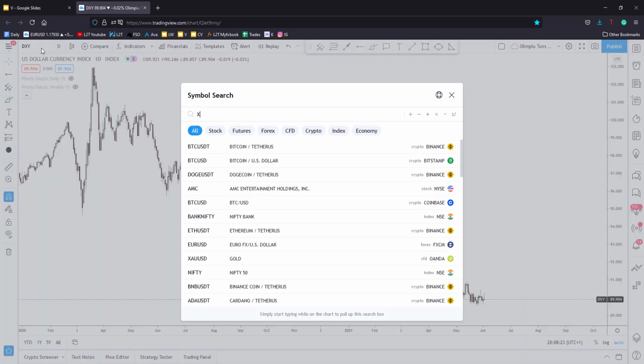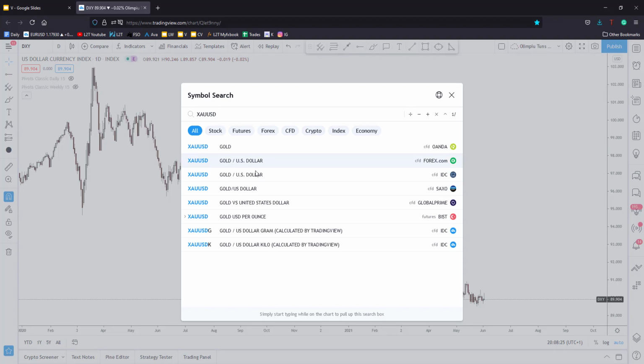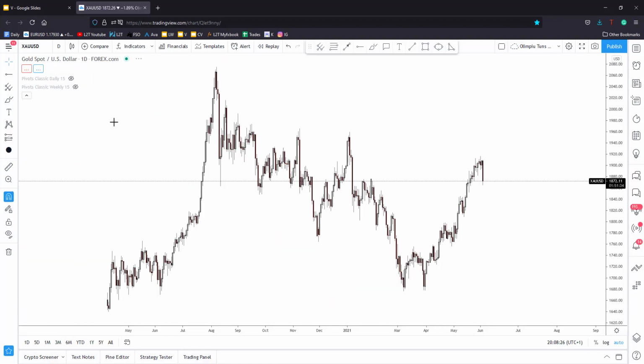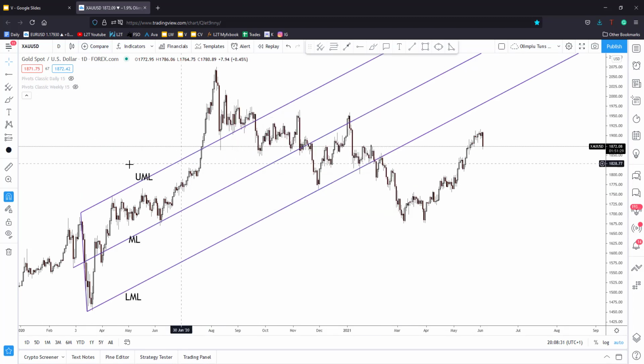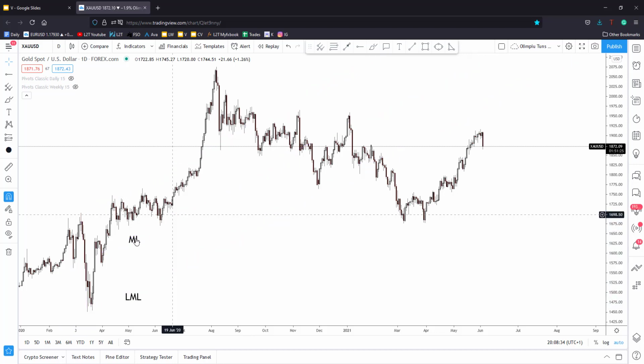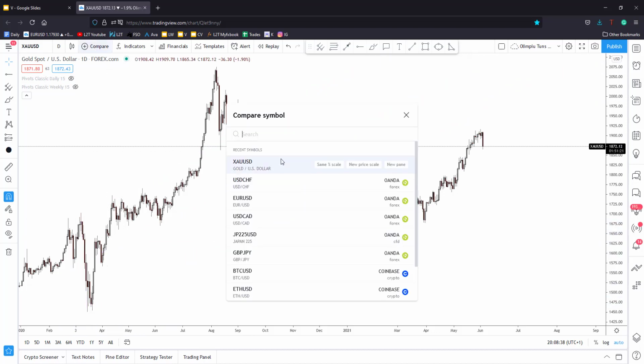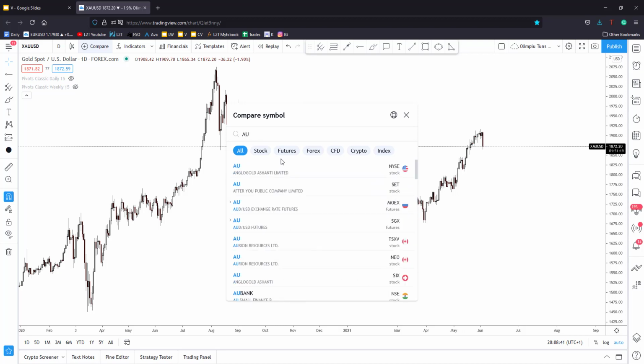Also, let's take a look at gold, guys. Gold, and let's compare it. One moment, because I want to delete this from here. Sorry, guys. Okay, and let's compare it, and let's identify what correlation we have with the Australian dollar versus the US dollar.